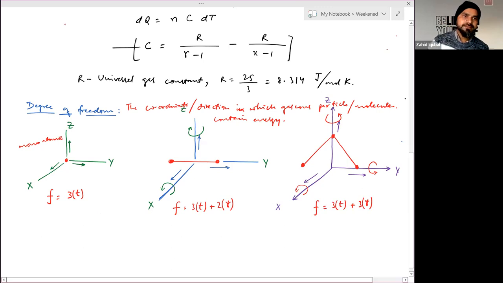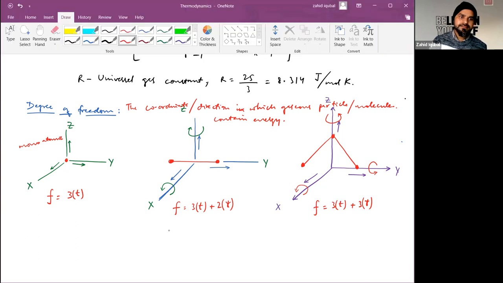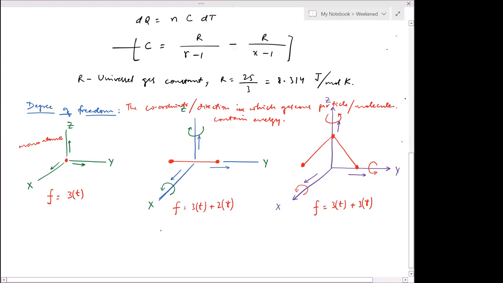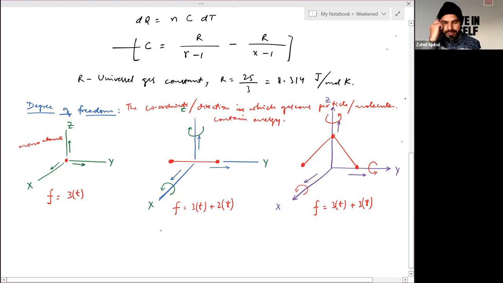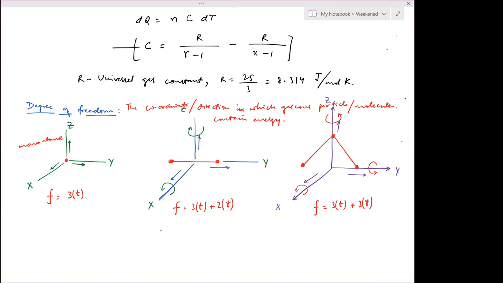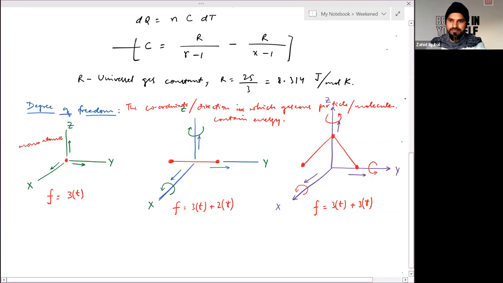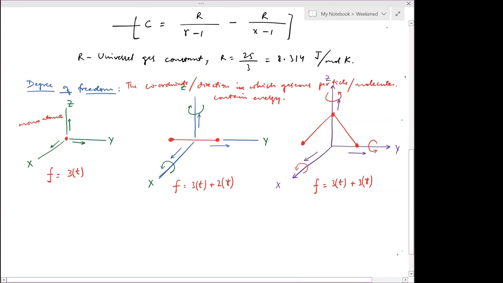Saifullah, is it clear? Yes, sir. Aisha, any doubt? No, sir. Mehreen, is it clear about degree of freedom? Yes, sir.